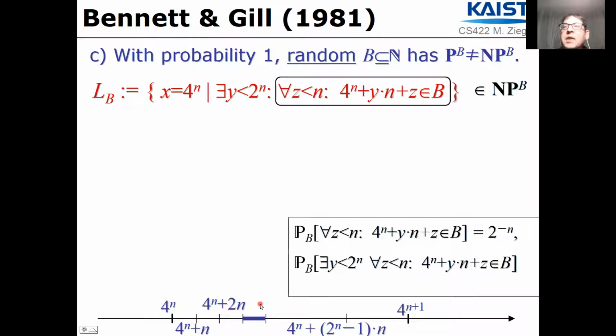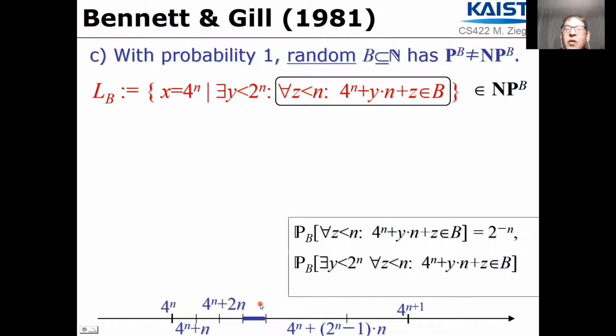You can see that from simple expectation. If you repeat an experiment with probability 2 to the minus n for 2 to the n times, then the expectation says that the expected number of intervals that are entirely contained in the oracle is 1. Let me say that again.